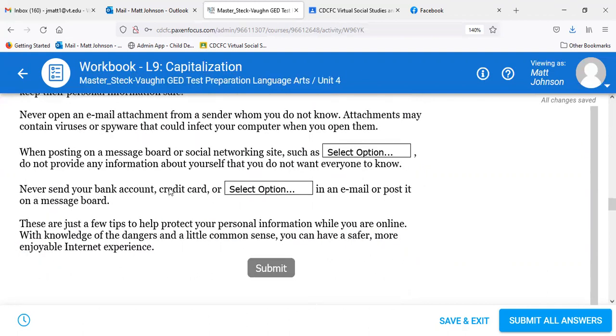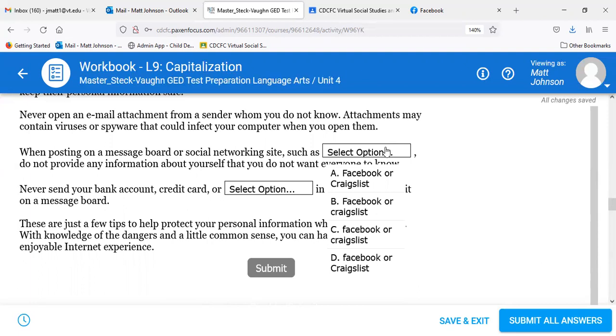When posting on a message board or social networking site, such as Facebook or Craigslist, capital F, capital C, which is funny because Facebook in its logo is a lowercase f.